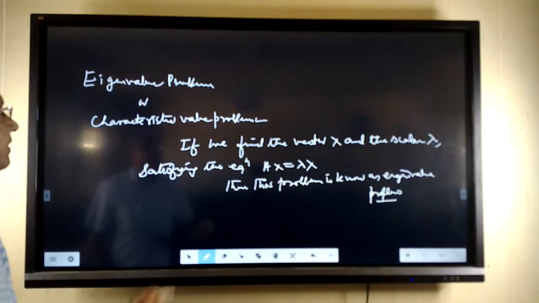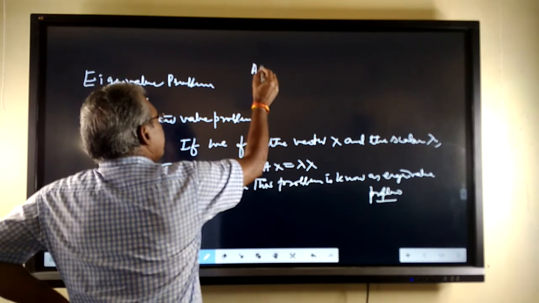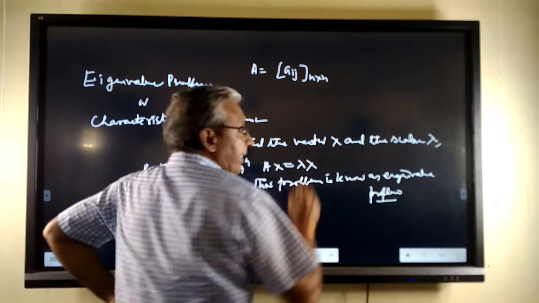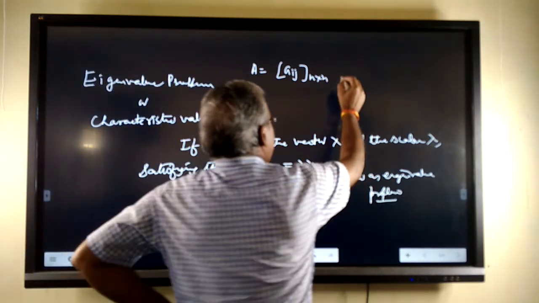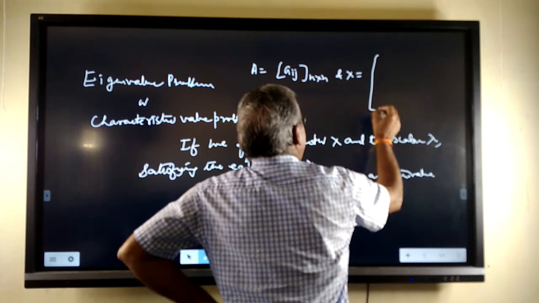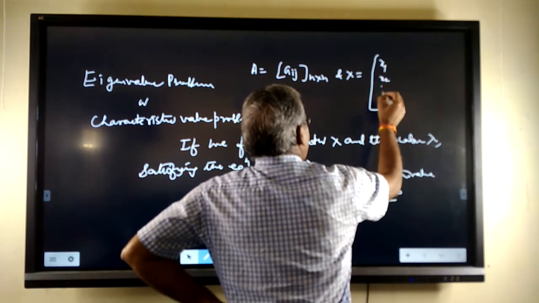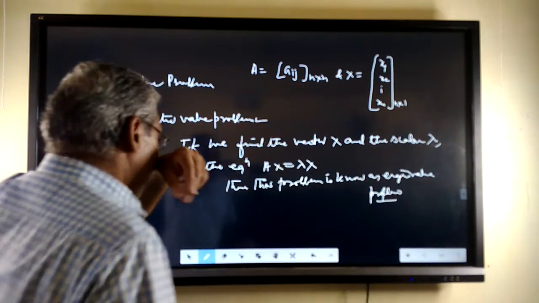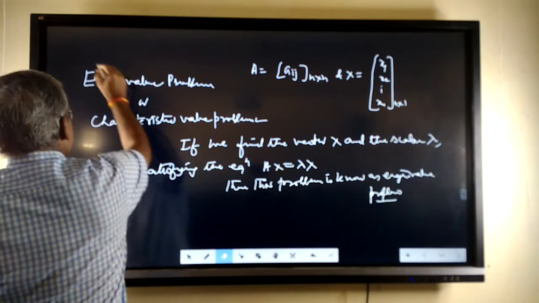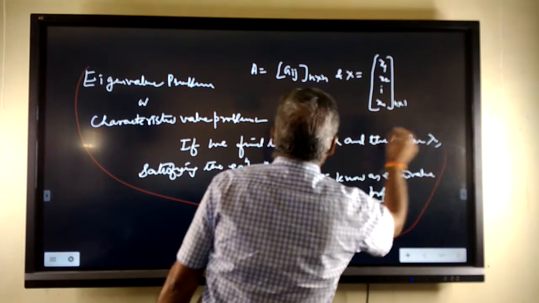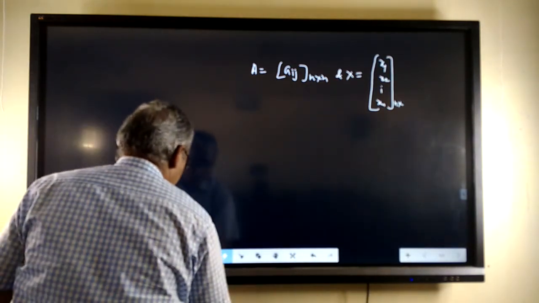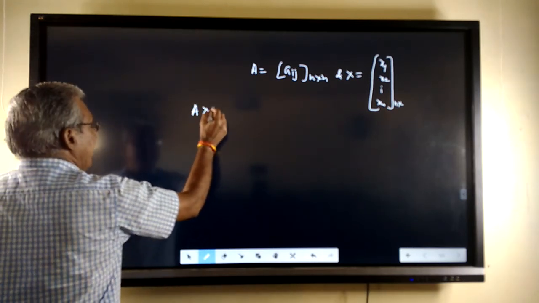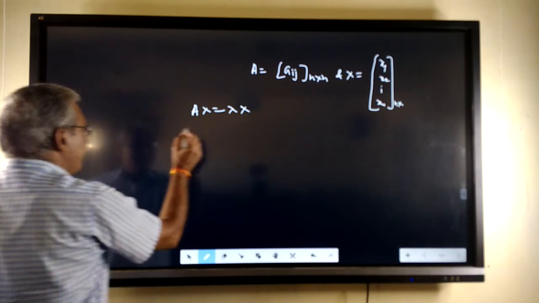If we take A as a square matrix of order n by n, and x is a vector of order n, then we have Ax equals lambda x.